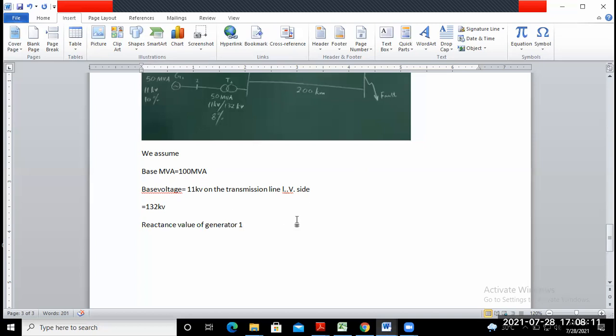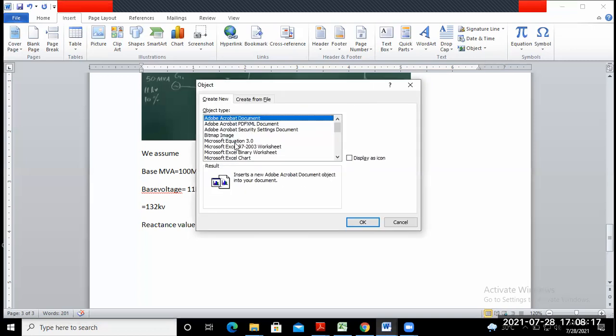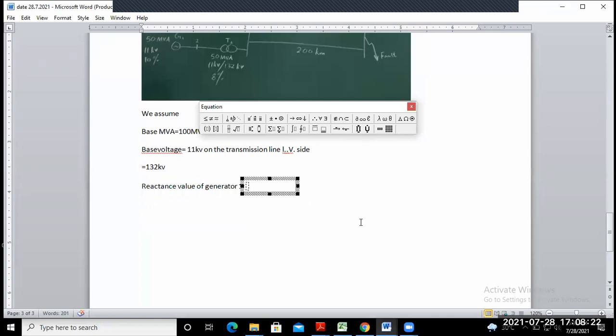So xg1 in per unit equals how much? The reactance value is given in percentage, that means 15%. So xg1 equals 15%. If you want to convert it to per unit, divide by 100, so 0.15.